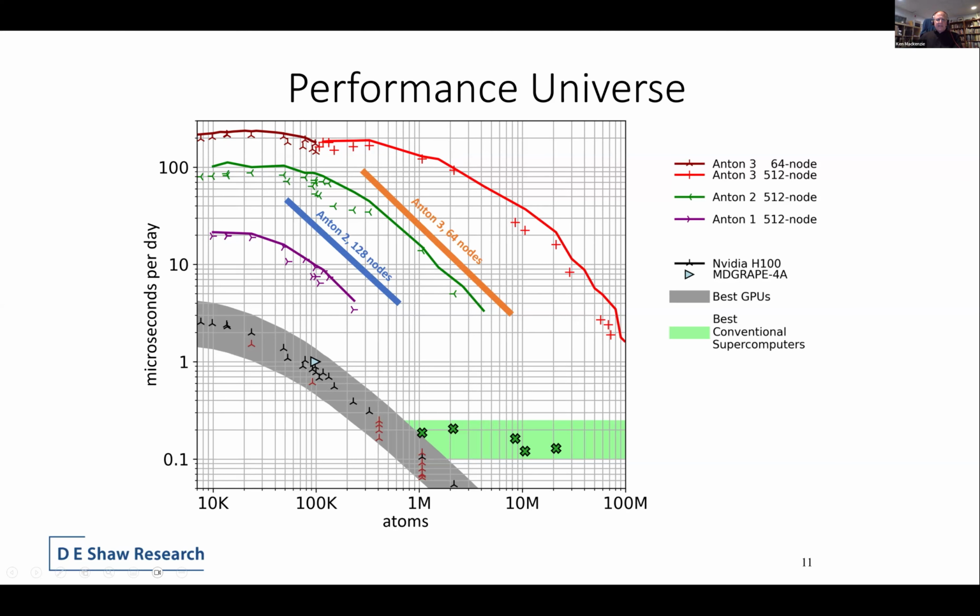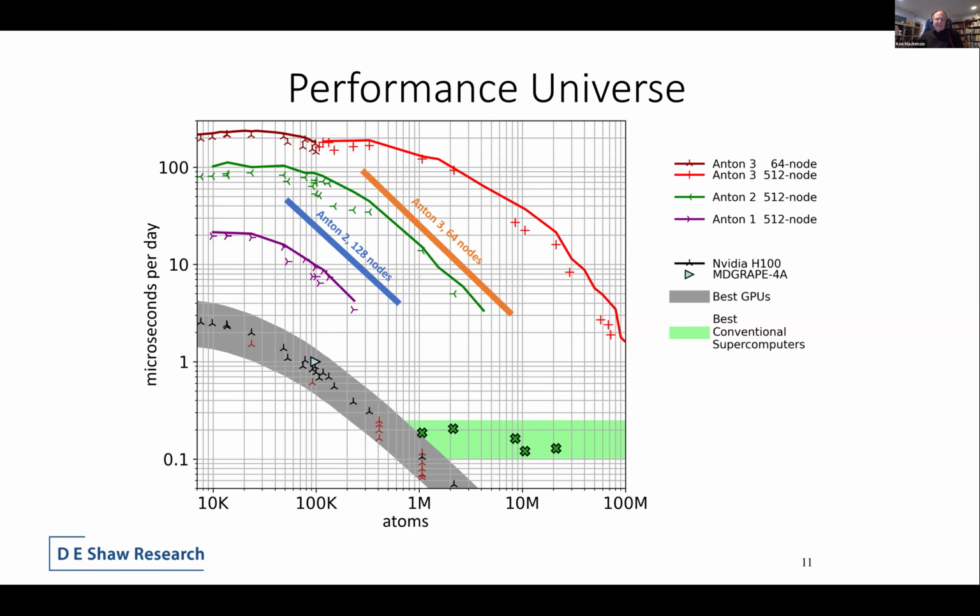And then everybody else, and everybody else falls into two categories. There are GPUs, which follow the curve for one GPU. The black triangles in here are the NVIDIA H100 numbers that we ran recently using Desmond, our other thing. And the red numbers are anybody else we could find.